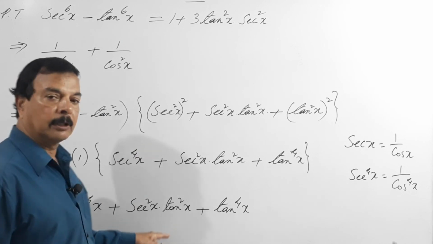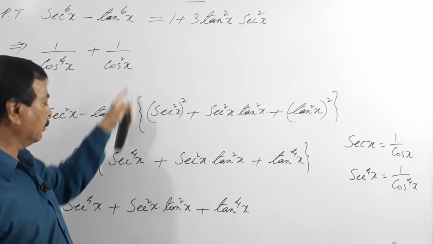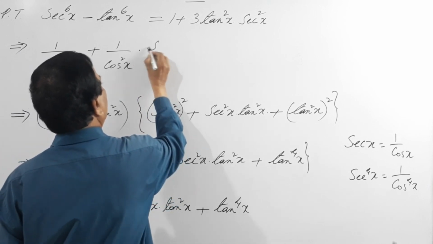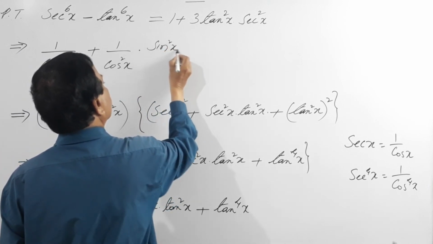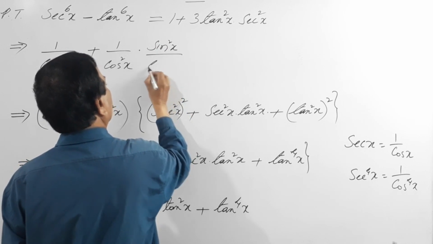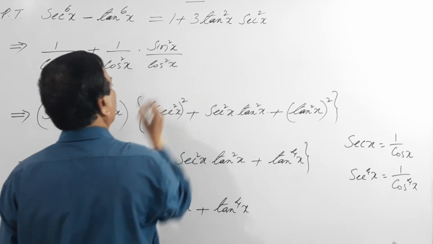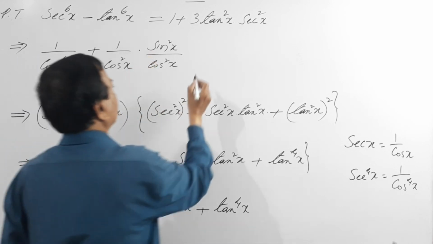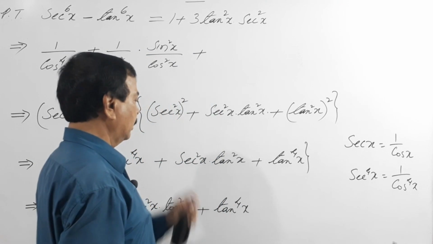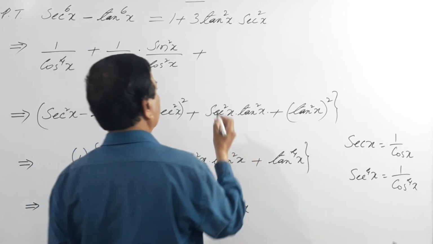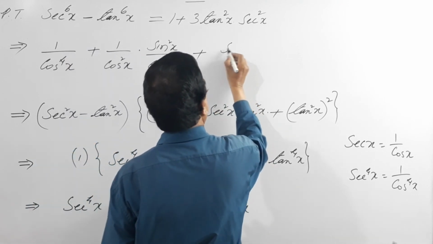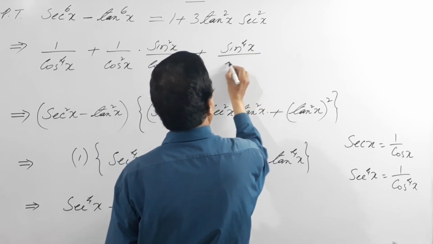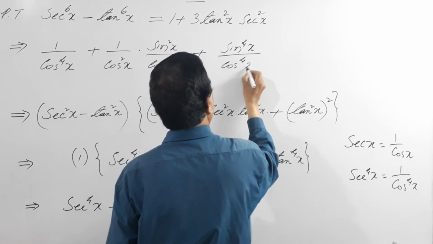So tan square becomes sin square x by cos square x, because tan is sin by cos, plus this becomes sin to the power of 4x by cos to the power of 4x.